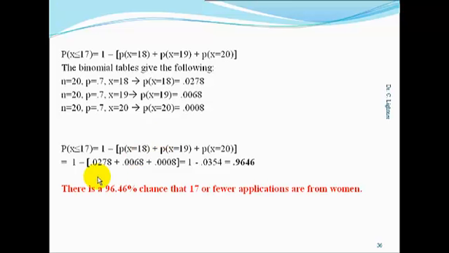Using our formula, the probability that x is less than or equal to 17 is equal to 1 minus the sum of the probabilities of these sample points contained in the event.